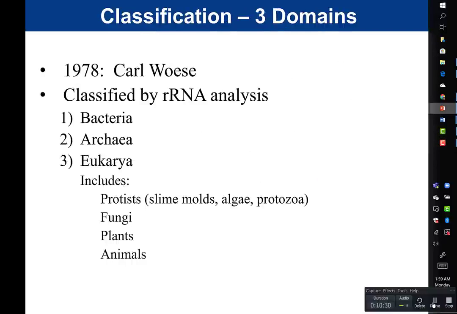So we have, remember, classification, meaning the way that organisms are grouped. Our current system was proposed in 1978 by Carl Woese. The way that he classified organisms was different than the way this had been done historically. What I mean by that is that the way that organisms used to be classified would be simply by looking at the organisms.